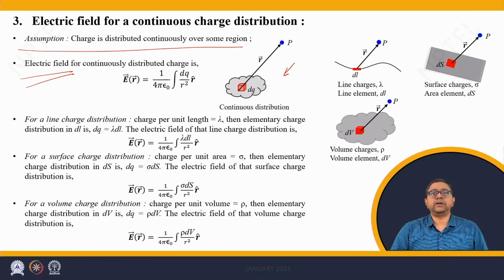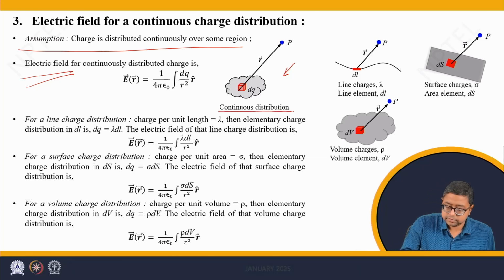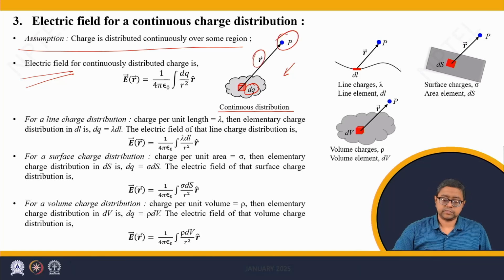With the help of these diagrams, it would be very simple to understand this. The gray shaded area is a continuous distribution of charges, where an elementary charge is shown as dq. Now this continuous distribution is at a distance r vector from the test point P. Our aim is to find the electric field generated due to the continuous distribution.